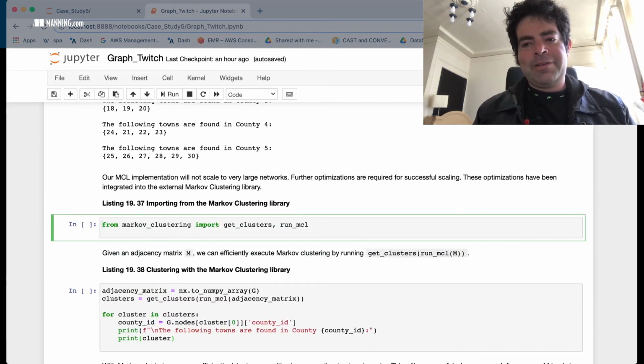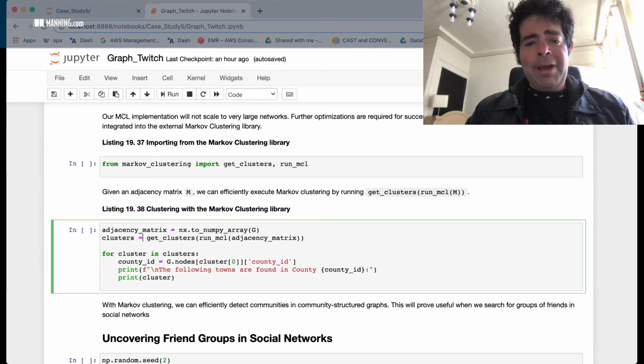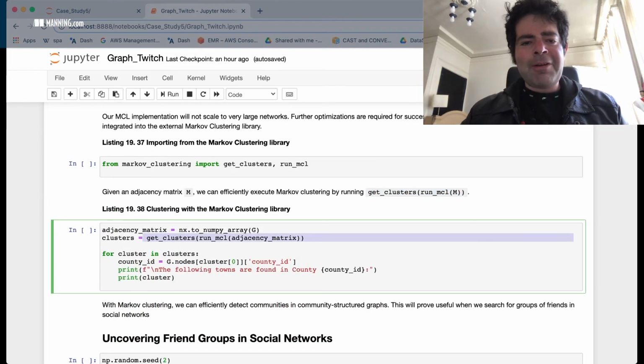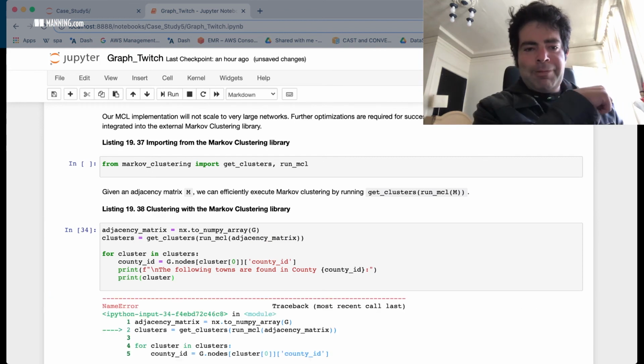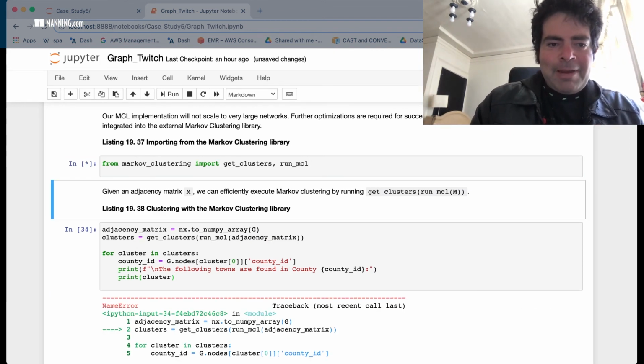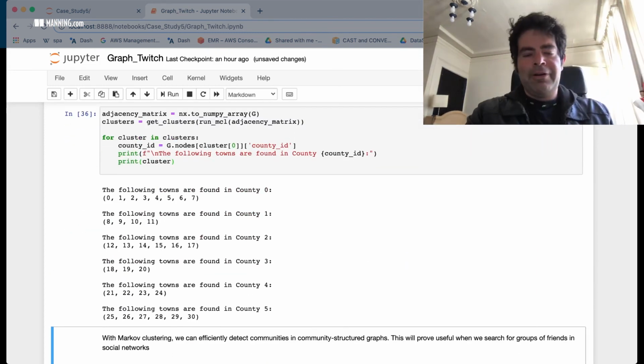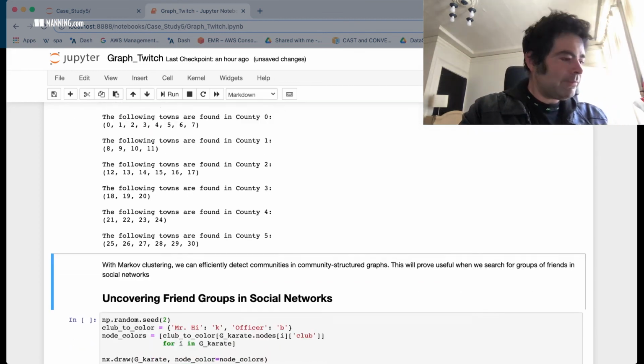Given any adjacency matrix M, you can get back all the clusters just by running get clusters run MCL M. So I'm going to run this command on our adjacency matrix of towns and see what happens. Oops, let me import from the library and run the command. And here, we've perfectly reproduced all of our clustering.